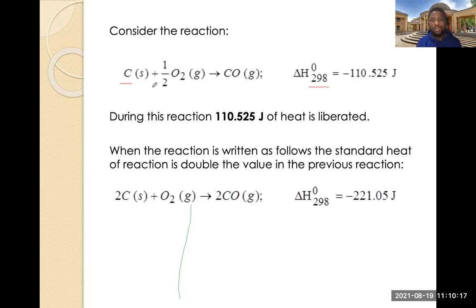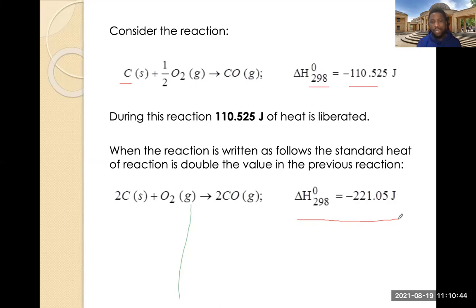So that is why you see that in the first reaction, when we just add 1 carbon, half oxygen, and so on, the heat of reaction was 110. When everything was directly doubled, you see this times 2, times 2, everything was directly doubled, you see that the heat of reaction 2 has been directly doubled. So take note of that.